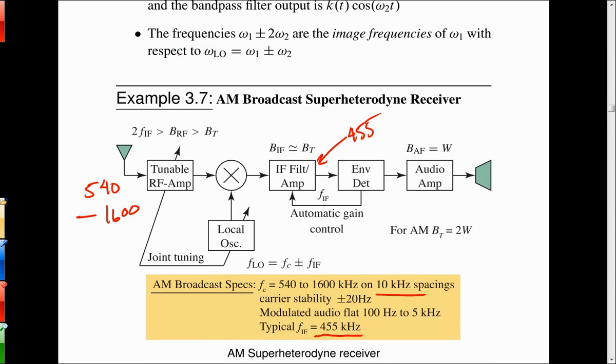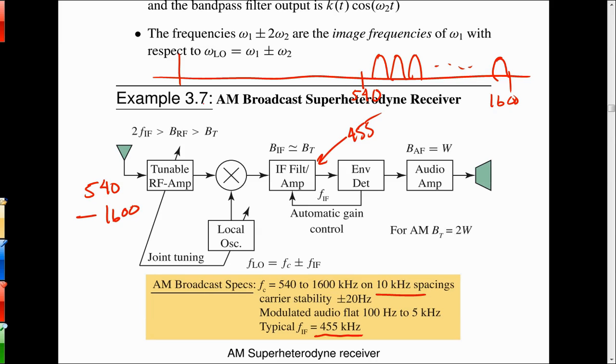If you were sitting and thinking of, I'll just draw this as a positive sided spectrum. If you look at this as saying you've got 540 to 1600, all those little humps represent possible channels that are out there, spaced every 10 kilohertz.